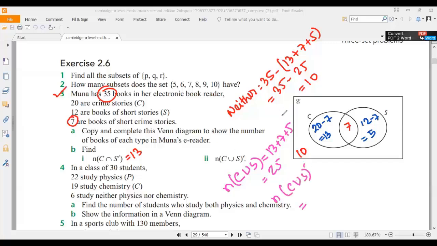That is the number of the whole set, the universal set, so 35 minus 25, that is 10. We can say the total is 35, and if we subtract these three parts from 35, we get 10. So this blank space will represent (C ∪ S)'.